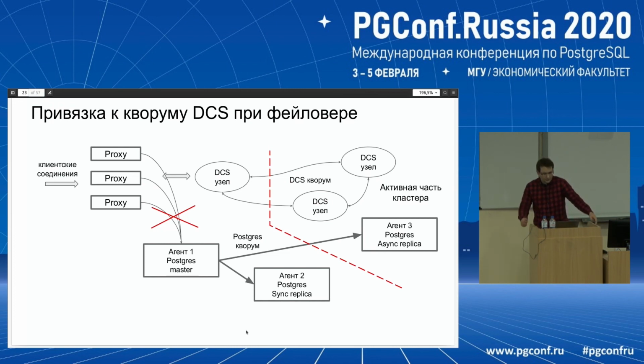In this image, if you take a closer look, you see that the async replica is allocated in a different part, and auto-failover shouldn't happen. In this configuration, the cluster will crash, and this is one of the drawbacks when DCS does something like this.